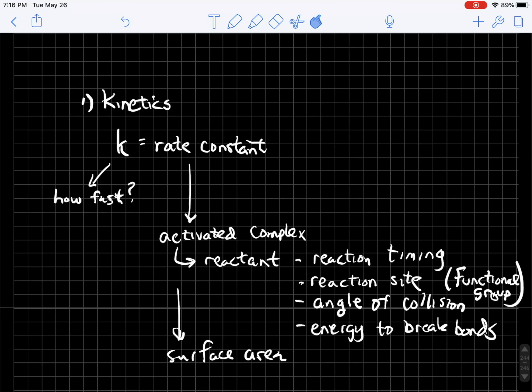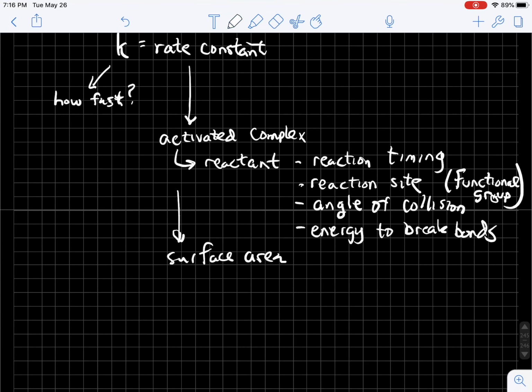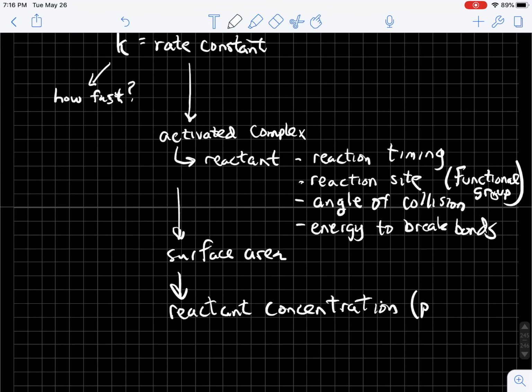It considers things like reactant concentration or reactant amount. And if it's a gas phase reaction, it also takes into consideration pressure. And we have to also consider the thermal environment, how much heat.